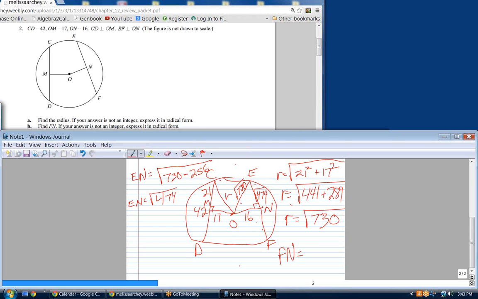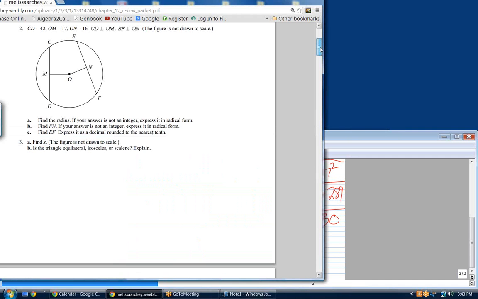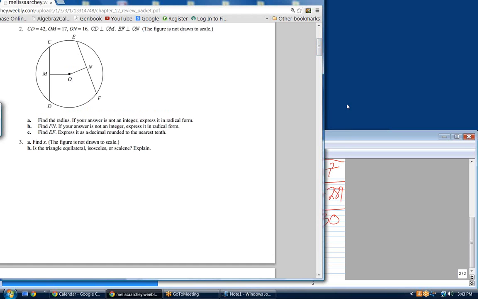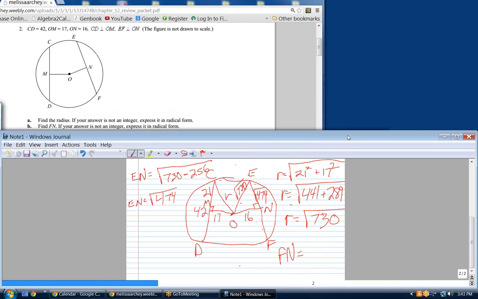It seems strange to me that they're giving you problems that have answers like this, and they want you to give them in radical form, which means you can't just use your calculator. All right, and in the last part, find EF. Well, if FN was root 474, what is EF?